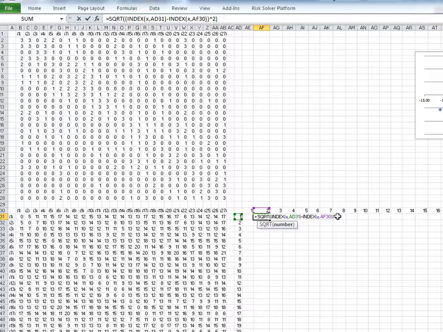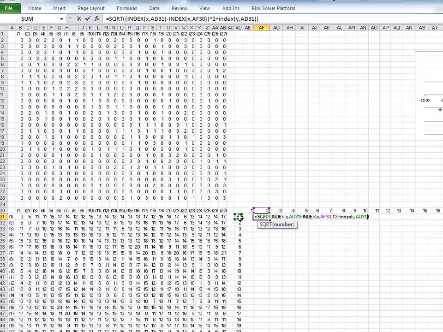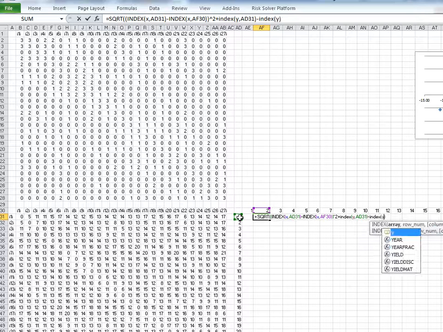And now inside this SQRT, so inside the square root, we have to add another such thing as well. So it's again INDEX y's and 8031 minus INDEX y's and AF30.